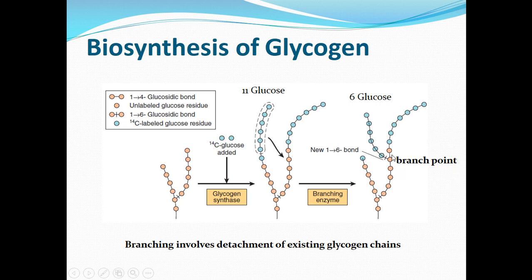Now these branches grow by further addition of glucose molecules linked through alpha 1,4 glucosidic bonds, and then further branching may also occur.